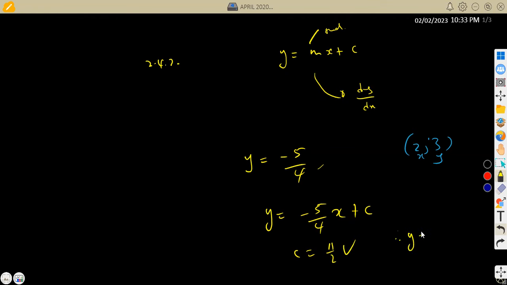Therefore, our y is equal to -5/4 x plus 11/2. That's what we had from this question, which was carrying 3 marks. But for the whole of this question, the derivatives, we have to revise with as much patience as we can, so that we prepare ourselves for the exams which are ahead.